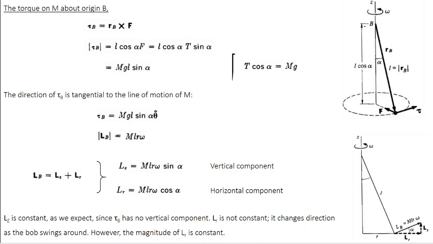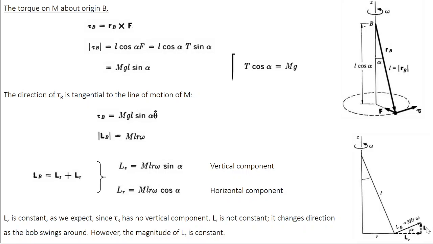Now, what about angular momentum? We have derived this result in the previous class, and the magnitude of angular momentum LB equals mLr omega. And this is the angular momentum vector LB, and since this is at an arbitrary angle alpha, you can resolve it into a parallel component LR and a perpendicular component LZ.